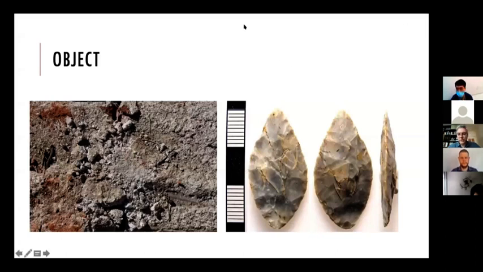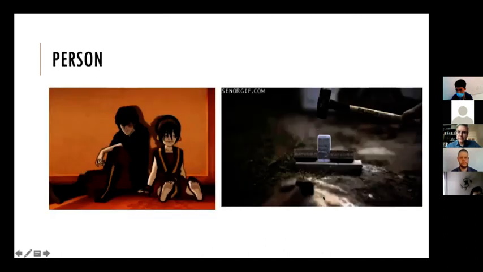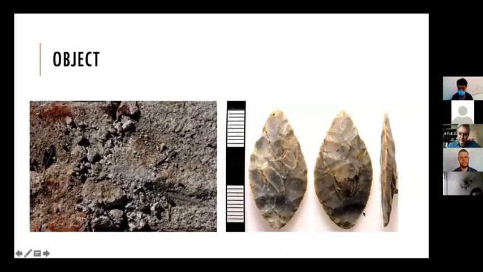So here I have two pictures. Can you guys tell me what's the difference between what you see in these two pictures? So what's the difference? Rock? Well, on which side is there a rock?